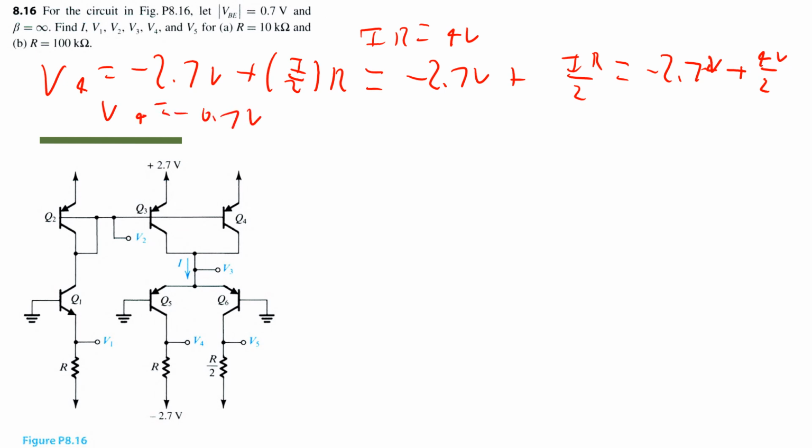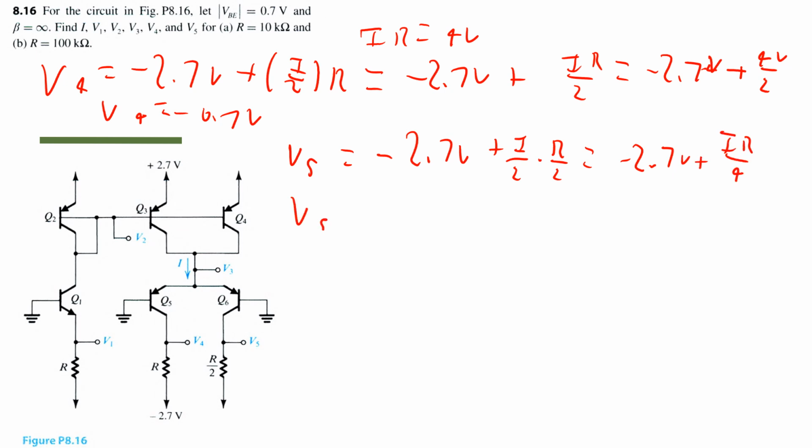And then similarly, V5 would be negative 2.7 volts plus I over 2 times R over 2, or negative 2.7 volts plus IR over 4. So V5 is equal to negative 2.7 volts plus 4 volts over 4, which is equal to negative 1.7 volts.